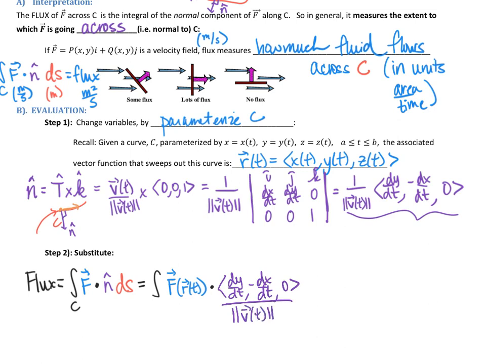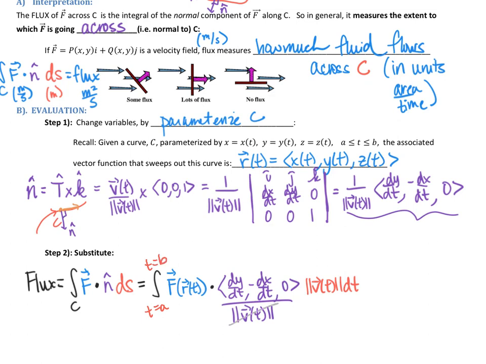So we're going to change ds to be in terms of t, and we know from before that ds becomes my speed times dt, with t going from a to b in this new setup.